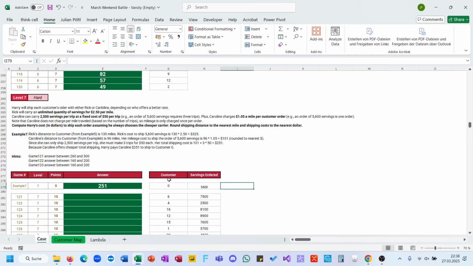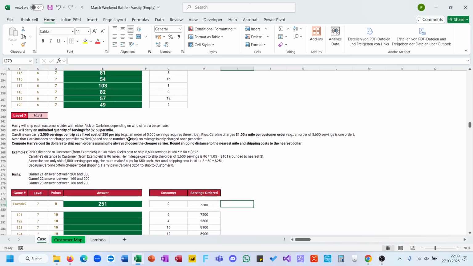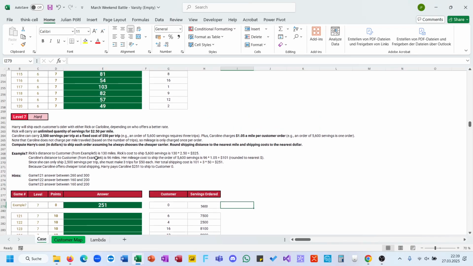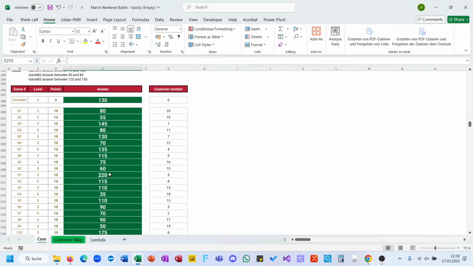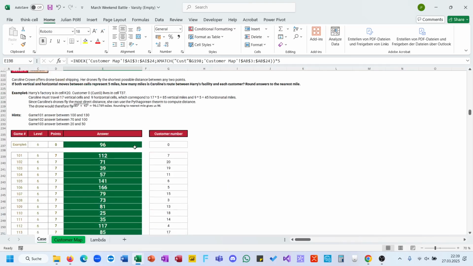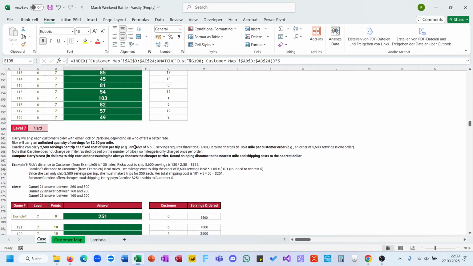Okay, so now this is unlimited quantity, 250 per mile, so we want to have the distance. The question is, is the distance calculated that way? Seems to be.